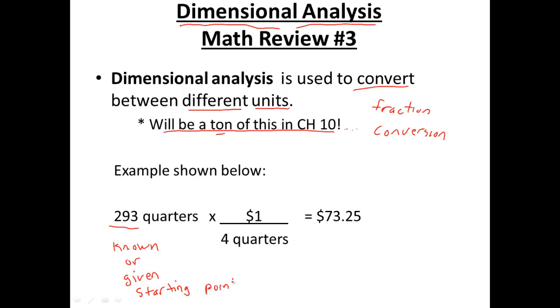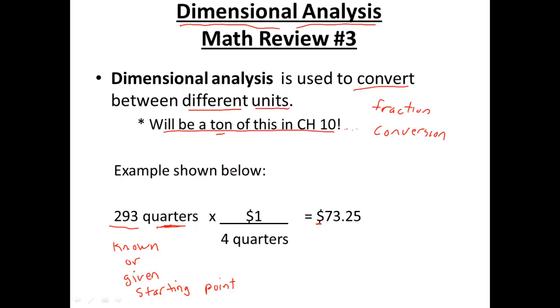And what we want to do is go from quarters to, say, dollars. Now, what we already know is that $1 equals 4 quarters. But we want to figure out every time correctly, do we need to multiply or divide in order to go from our beginning unit, quarters, to our ending unit, dollars.